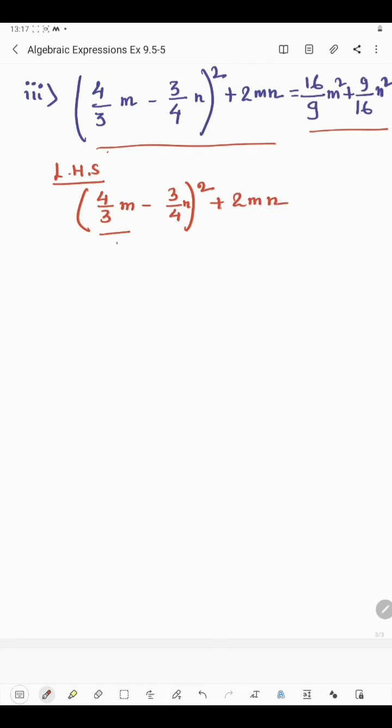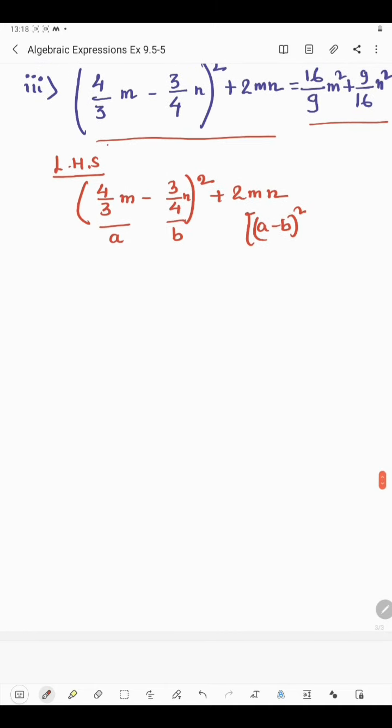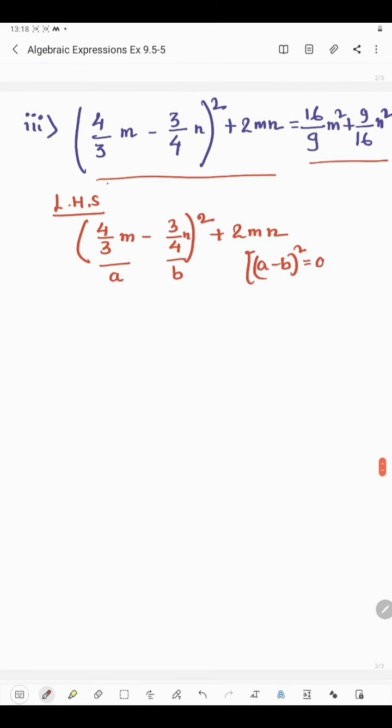So this we will consider as a and this we will consider as b. So this is the (a minus b) whole square identity, which is a square minus 2 into ab plus b square. So a is 4 by 3m, right?